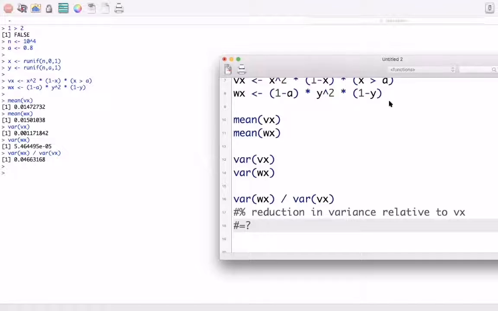Yeah, okay, Suta Veni says it's 95.3%. So you have to take the complement: 100% minus 4.7%, that's 95.3. After you calculate the proportion of these two variances, you have to take the complement. So relative to your Vx, you manage to drop the variance by close to 95%.